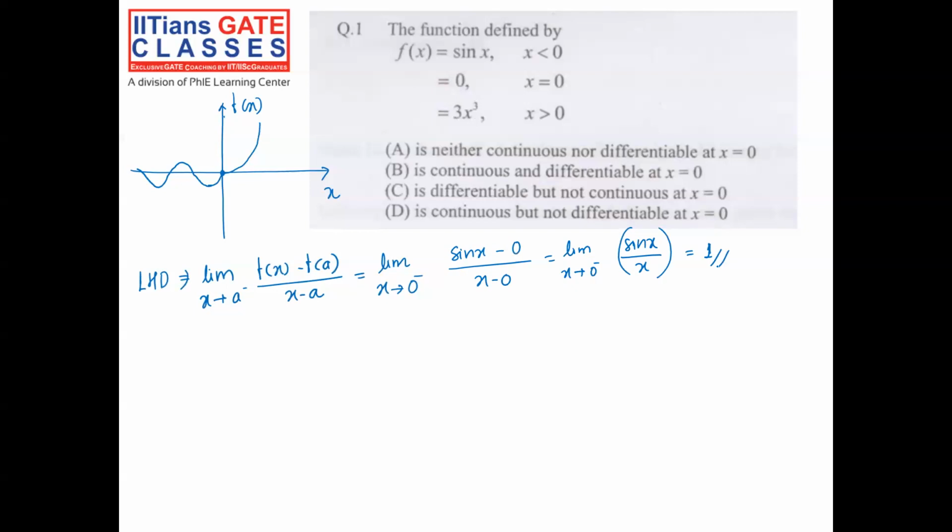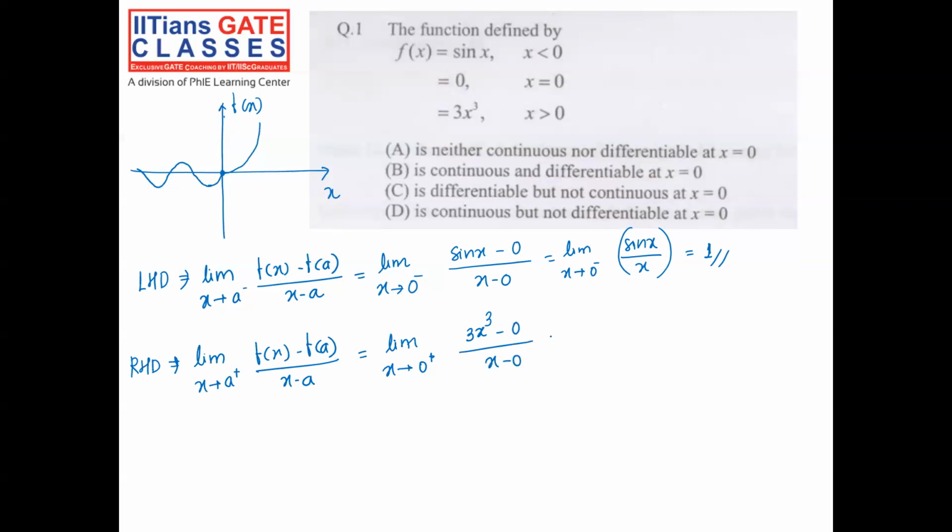Now let's calculate the right hand derivative. It is the limit as x tends to a from the positive side of f of x minus f of a divided by x minus a. This is the generalized formula. Now if you put a equal to 0, it is the limit as x tends to 0 from the positive side, where f of x is different: 3x cubed minus 0 divided by x minus 0.